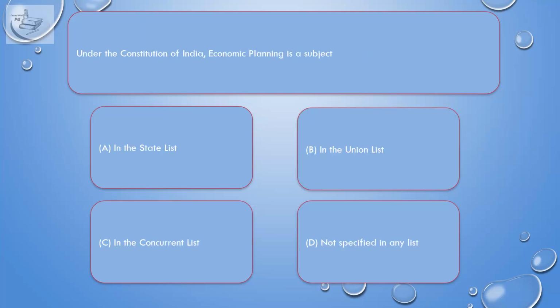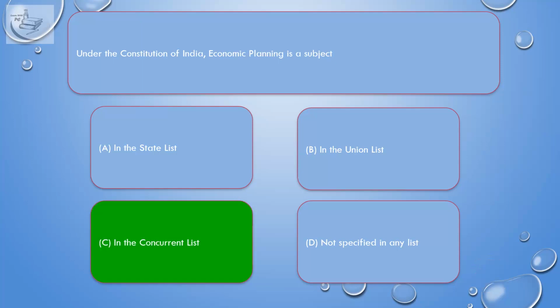Question: under the Constitution of India, economic planning is a subject A. in the state list, B. in the union list, C. in the concurrent list, D. not specified in any list. Correct answer is C. In the concurrent list.